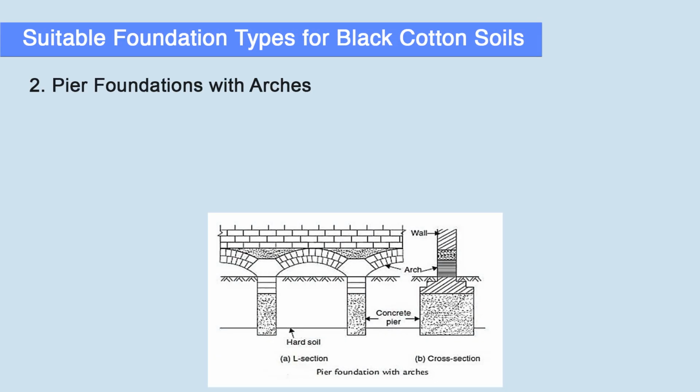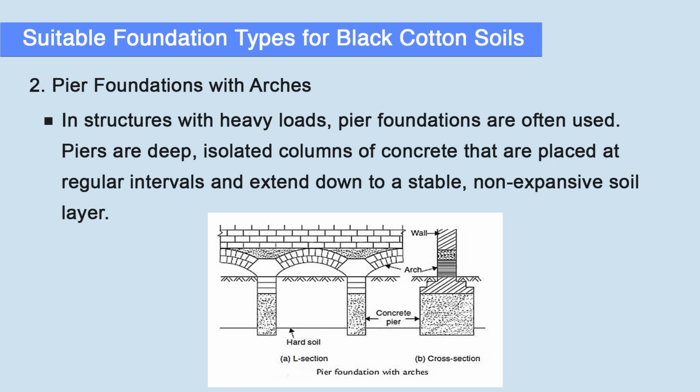Then the next type of foundation is pier foundation with arches. In structures with heavy loads, pier foundations are often used. Piers are deep, isolated columns of concrete that are placed at regular intervals and extend to a stable, non-expansive soil layer.